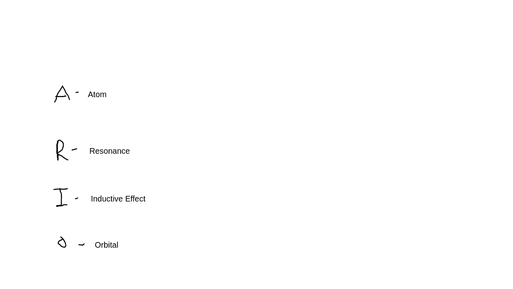In atom, you are specifically looking at charge, or the size of the atom that contains the negative charge. Okay? You're not necessarily looking at the electronegativity of the atom.